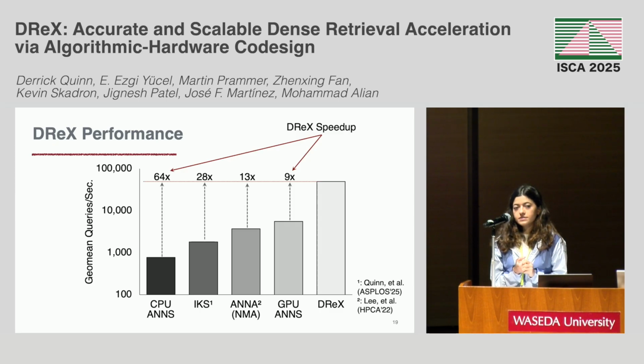We report the geometric mean of queries per second, and as you can see, we obtain a 64x speedup over the CPU baseline, whereas we achieve a 9x speedup over the GPU baseline.